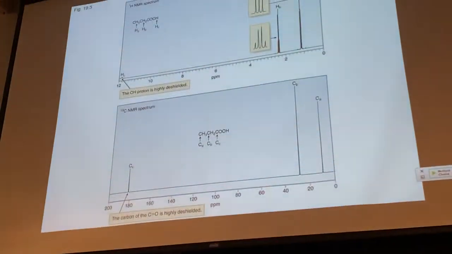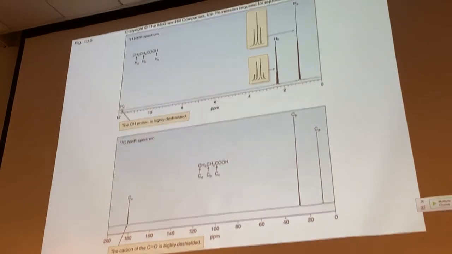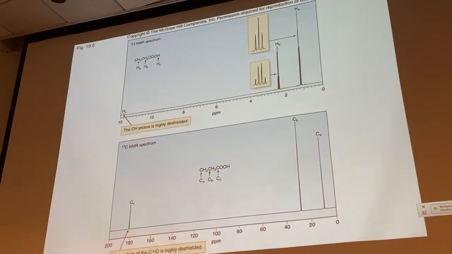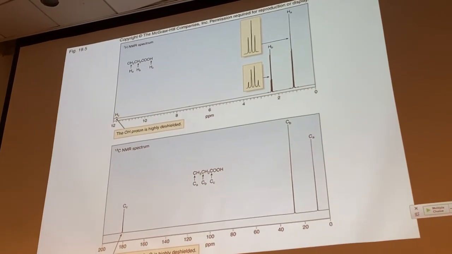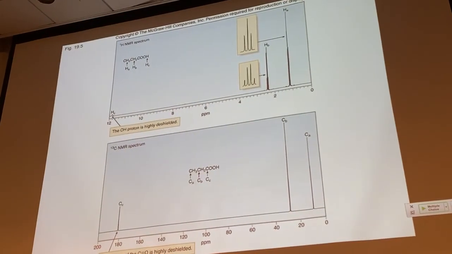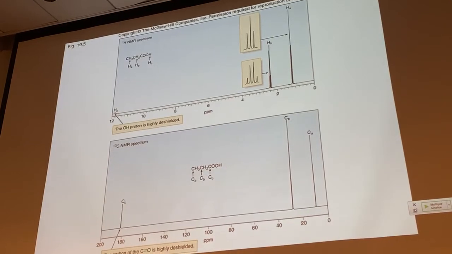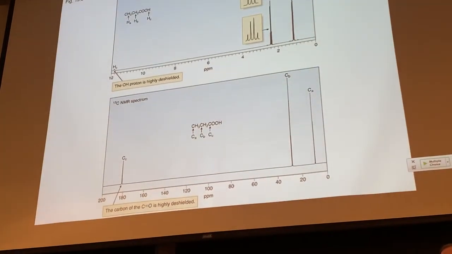Okay. Then in the C13, as we would expect, the carbonyl carbon is highly deshielded. We've got the polarity of the bond. We've also got the circulating pi electrons there. So those usually show up at about 180 to 190 ppm. Okay. Any questions about NMR spectroscopy of carboxylic acids?